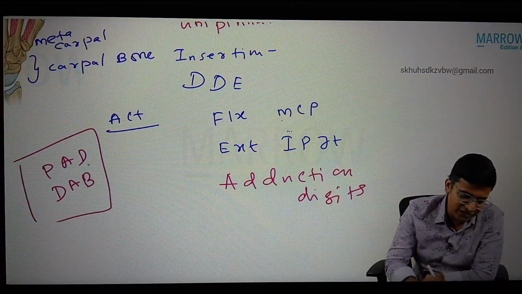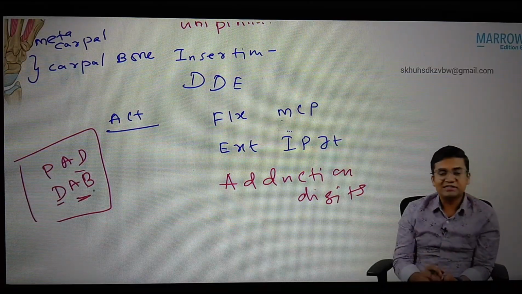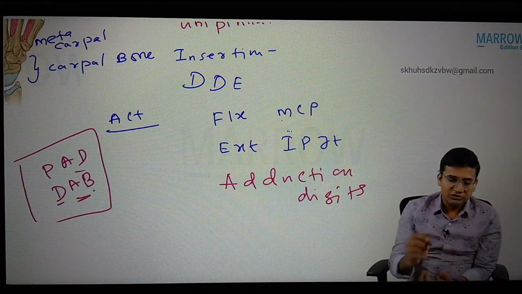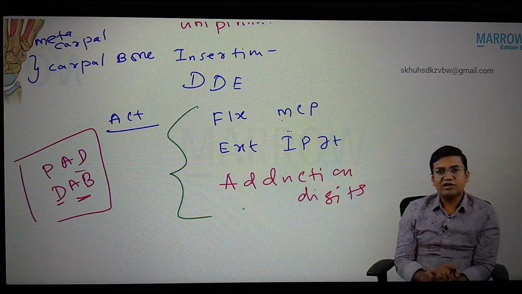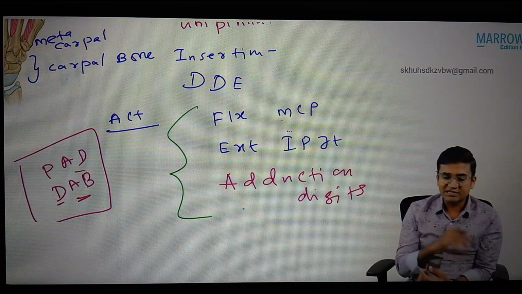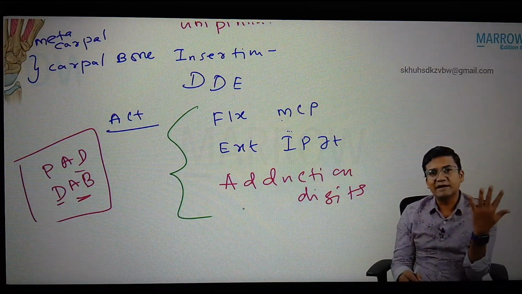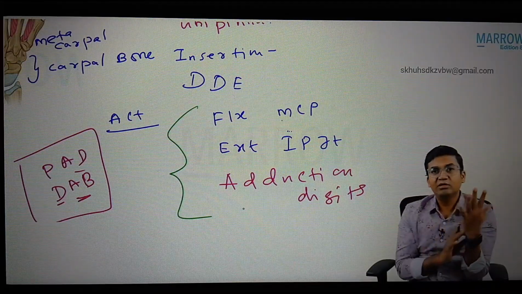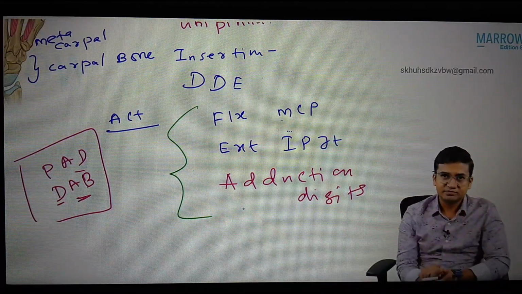So palmar interosseous do adduction of the fingers, dorsal interosseous do abduction of the fingers. Very important. So we have 3 actions for palmar interosseous: flexion of the metacarpophalangeal joint, extension of the interphalangeal joint, and adduction of the fingers. That means the fingers move towards the midline. The midline has the middle finger, so the other fingers move towards the middle finger.